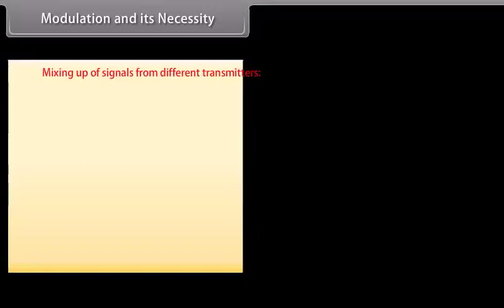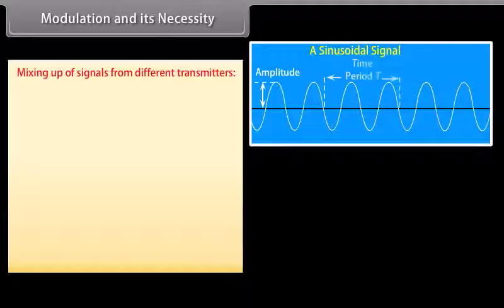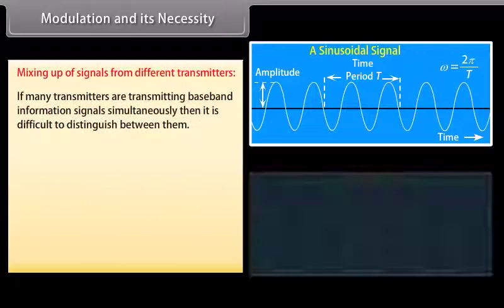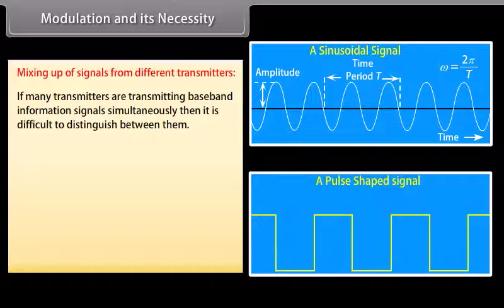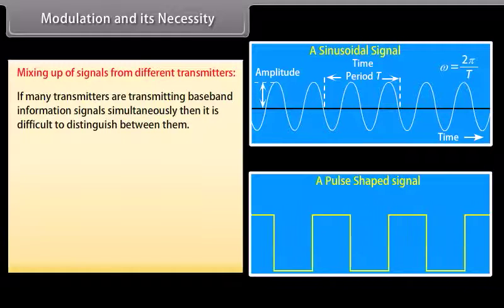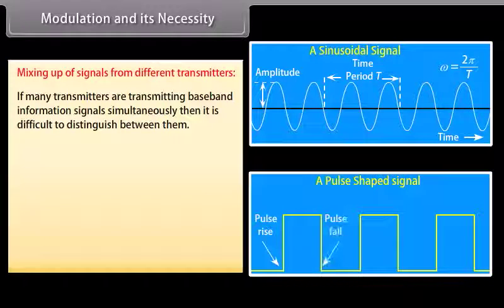Mixing up of signals from different transmitters. If many transmitters are transmitting baseband information signals simultaneously, then it is difficult to distinguish between them.